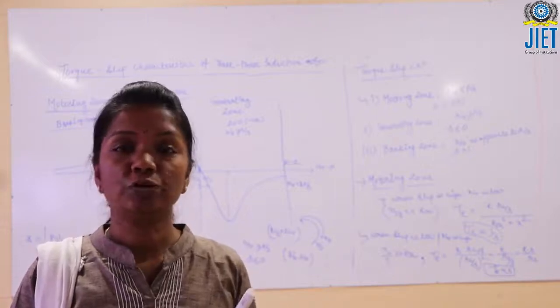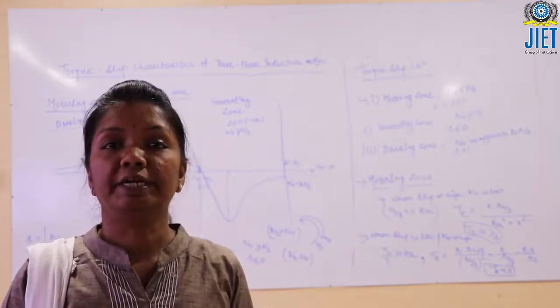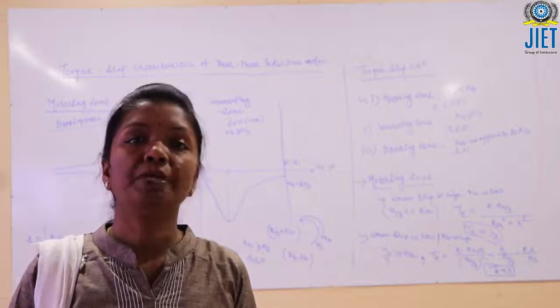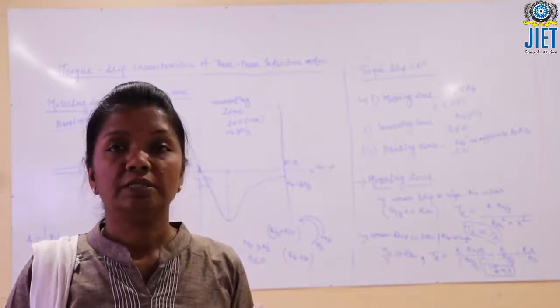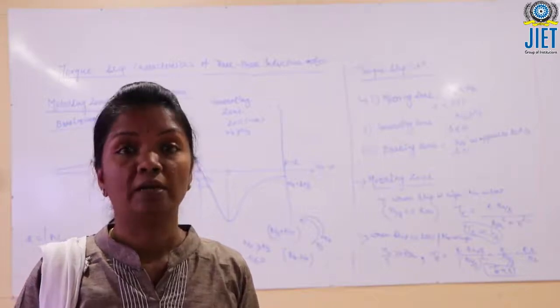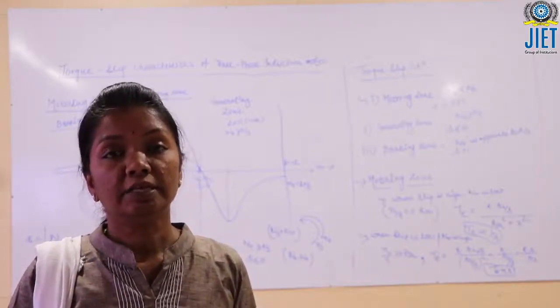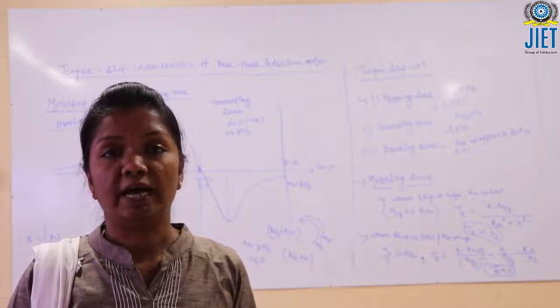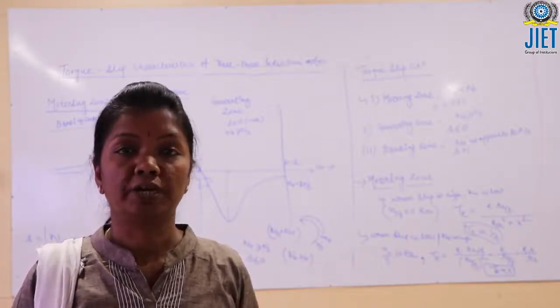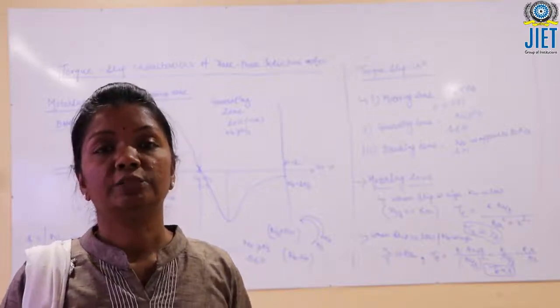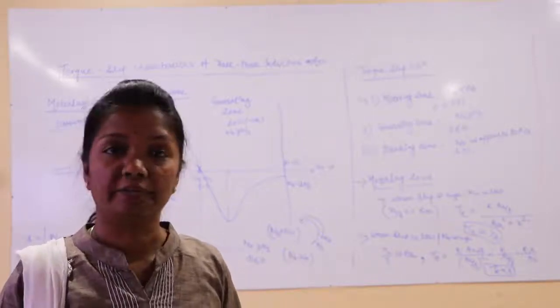In the generating zone, the slip is negative, or the rotor speed is more than the synchronous speed. And in the braking zone, the slip is more than 1, and the rotor speed NR and the synchronously revolving magnetic field are rotating opposite to each other, and that's why the slip becomes NS plus NR divided by NS.